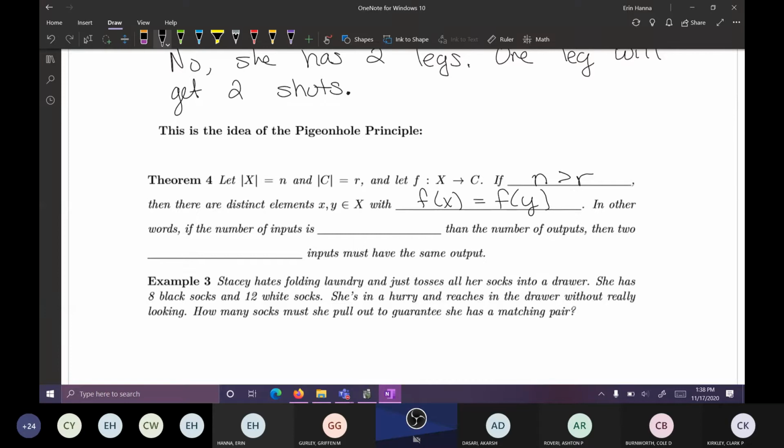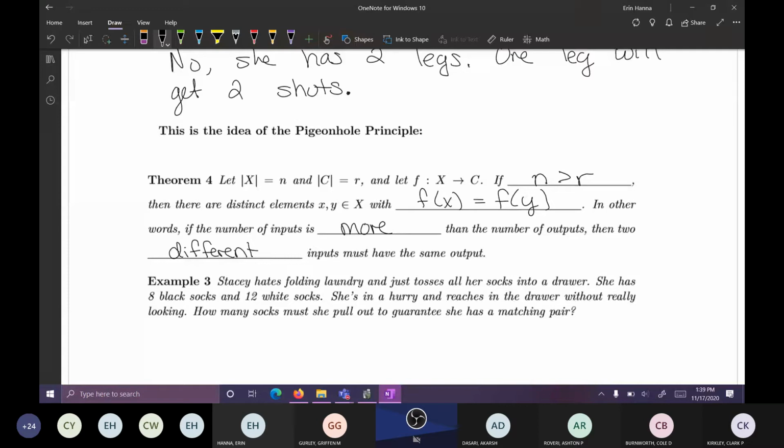In other words, if the number of inputs is more than the number of outputs, then 2 different inputs must have the same output. If there's more inputs than outputs, then there must be at least 2 elements that go to the same output.